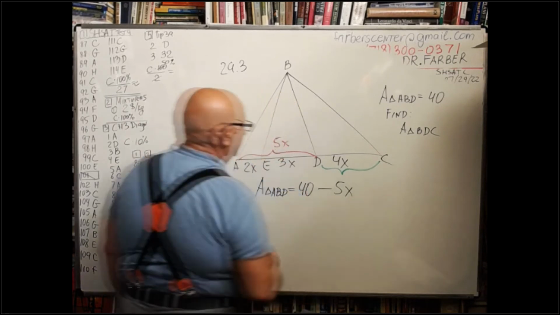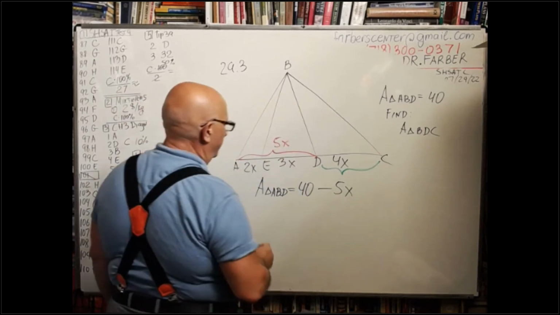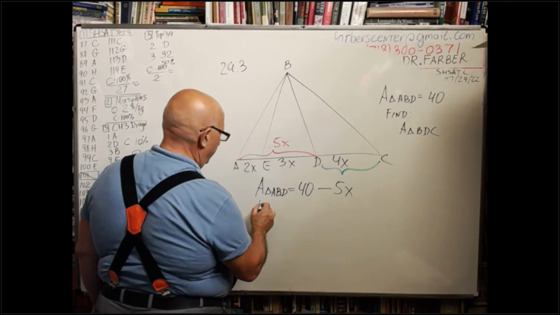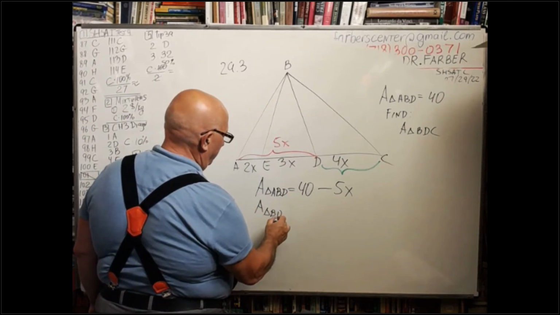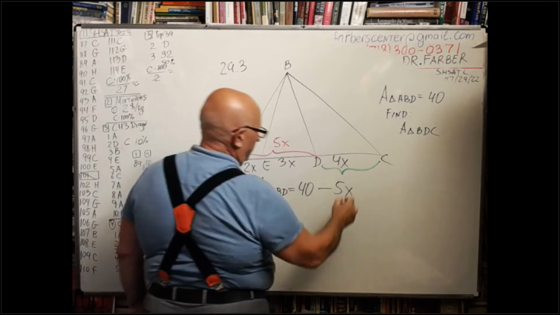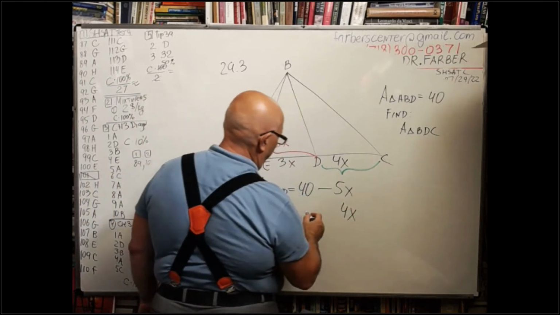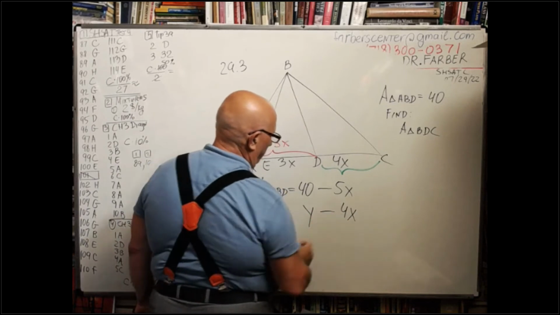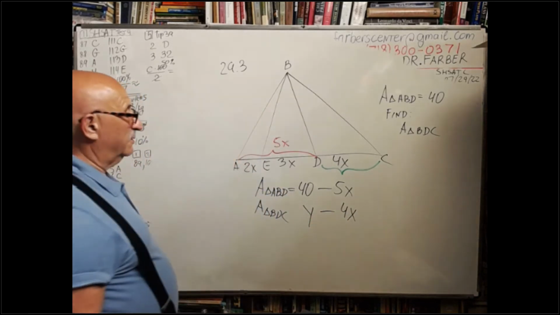But in triangle BDC, base is 4x, and area, I don't know. That's it. Just one line, cross multiplication.